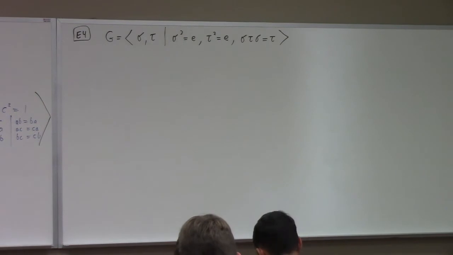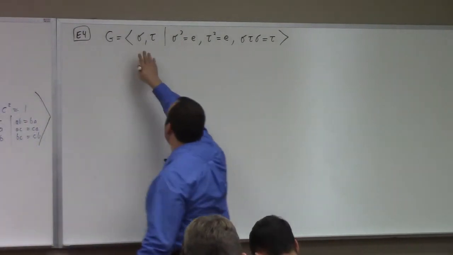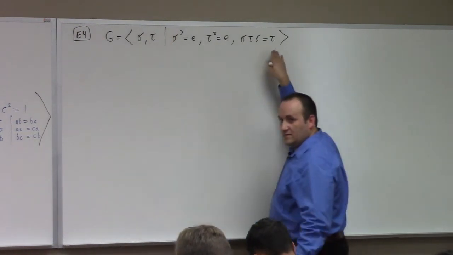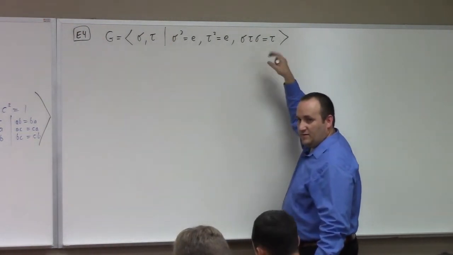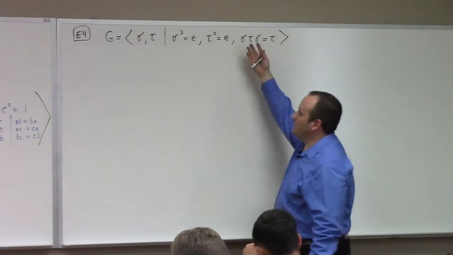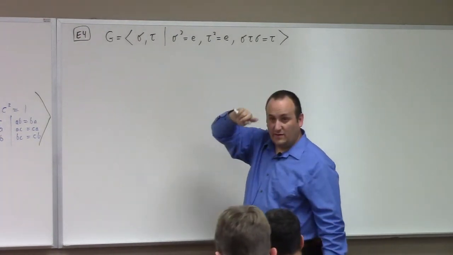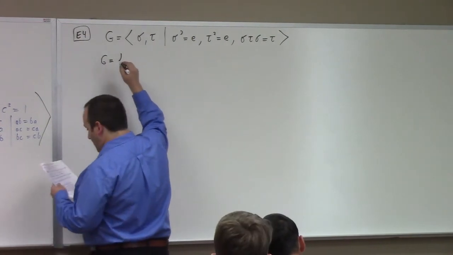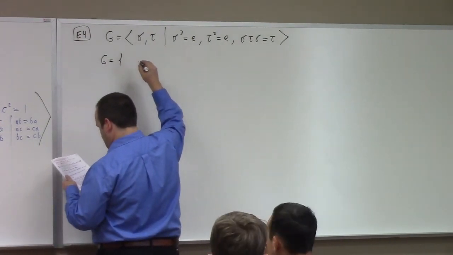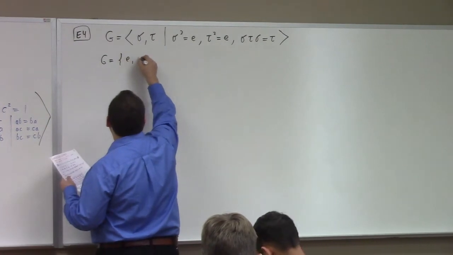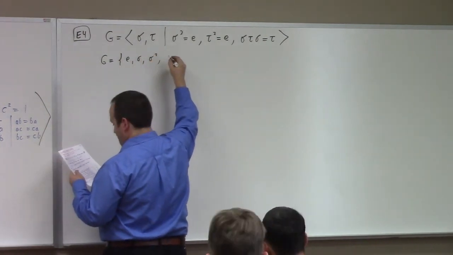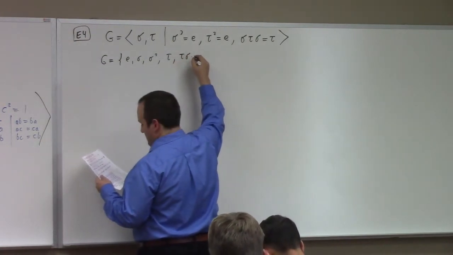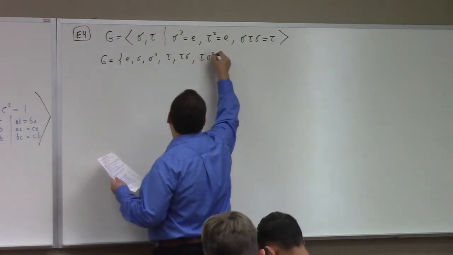So here, these are the generators, pipe, relations. The claim is that this is a presentation of the group, and if we work out the consequences, we can argue that G is in fact equal to {e, sigma, sigma squared, tau, tau sigma, tau sigma squared}.